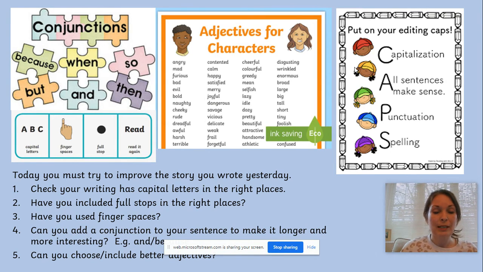And if you spot a place where it doesn't, or if you've missed one out, draw a circle round it with a pencil so you can show that you've noticed it, because what we're going to do later on for our activity is rewrite our story, and when you come to rewrite your story, you'll see that circle and go, oh, I remember, that needs to be a capital. So pause, check for capitals now, off you go.